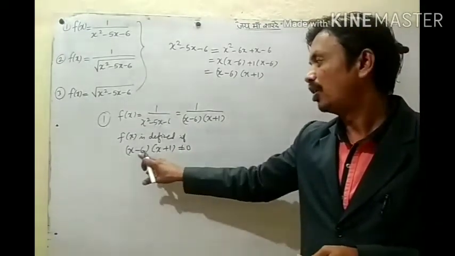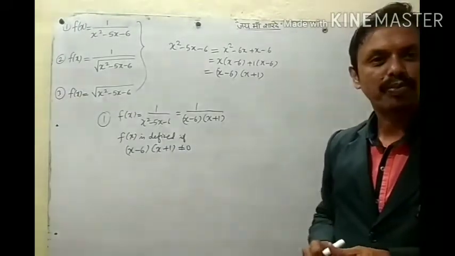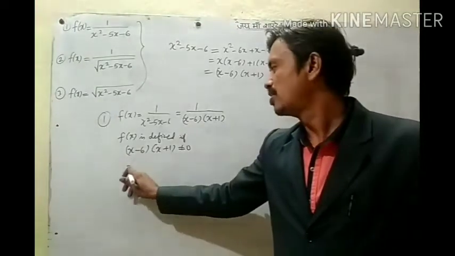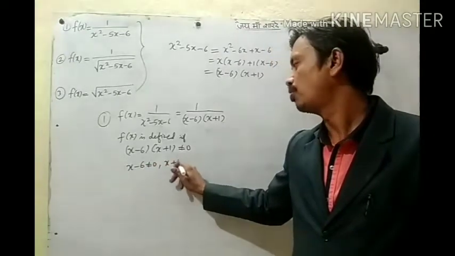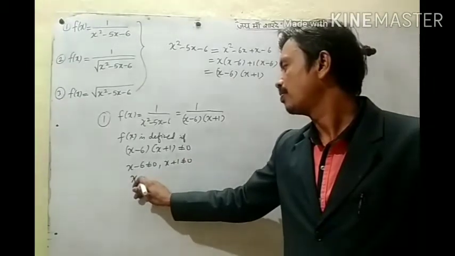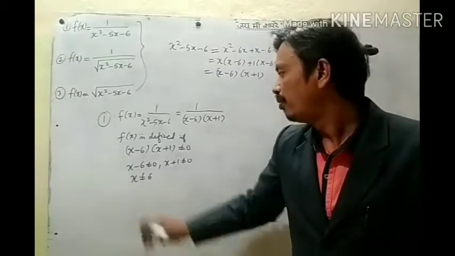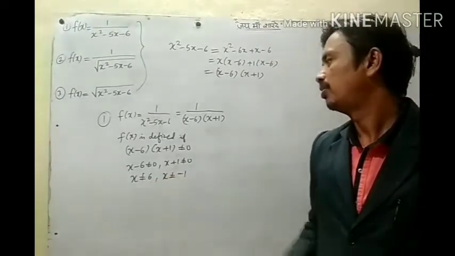And if the product of two numbers is not equal to 0, it means none of them can be 0. Means x minus 6 is not equal to 0 and x plus 1 also not equal to 0. Means x is not equal to 6 and x is not equal to minus 1.